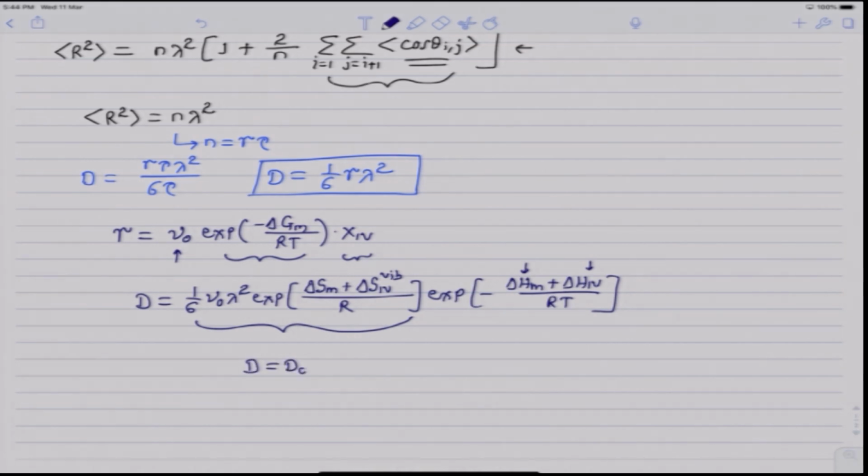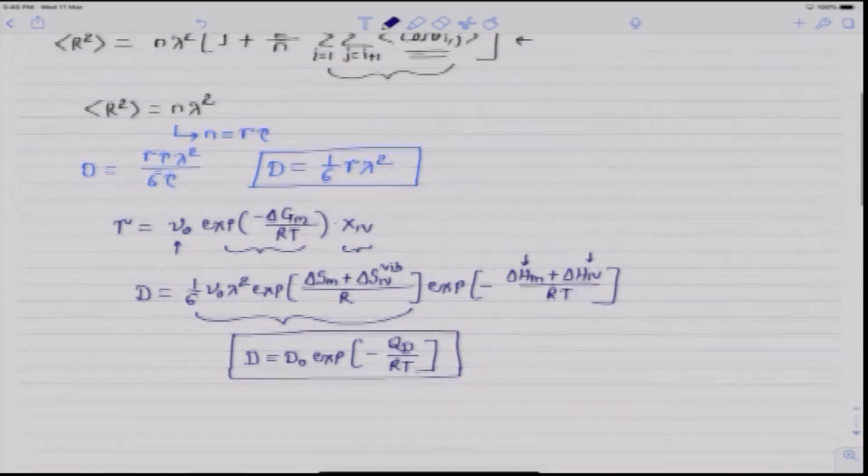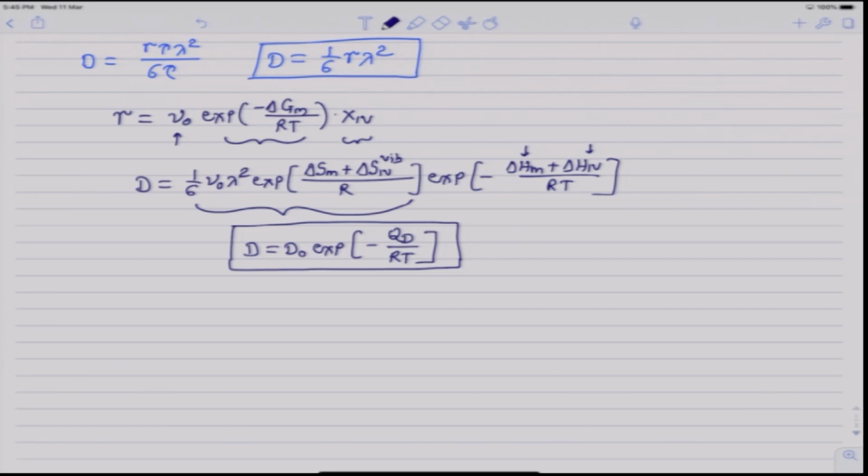So, we get the expression for D as D equal to D 0 exponential of minus delta H m plus delta H 1v, denoted as Q D, the activation energy for diffusion, over RT, and thus we get an Arrhenius type of temperature dependence for the diffusivity term, which is obvious because diffusion is a thermally activated process.